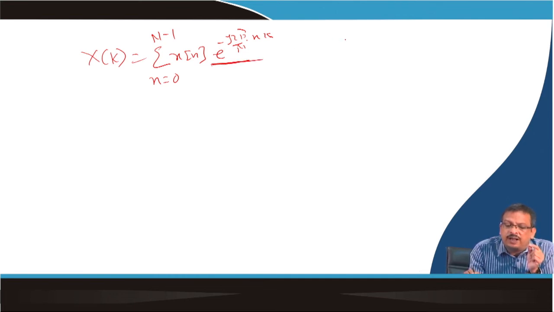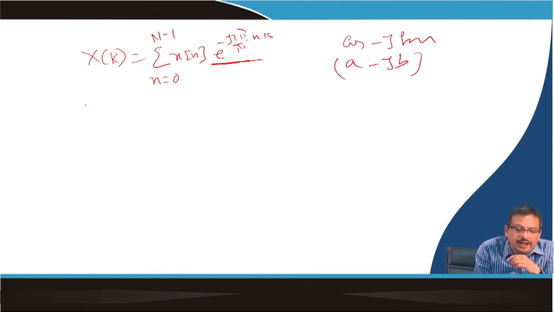A complex number is nothing but a cos plus or minus j sine, so I can say it is a minus jb. So for every k I require N complex multiplications, and for N values of k I require N cross N complex multiplications.